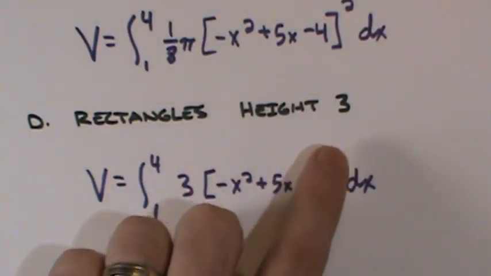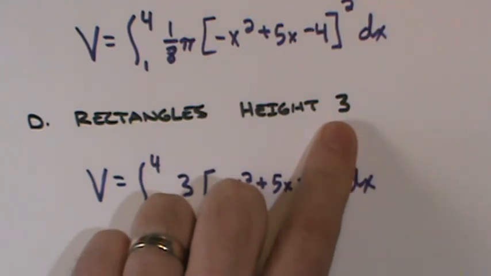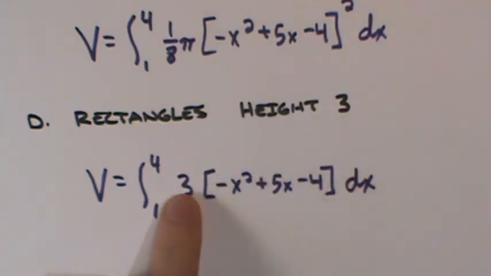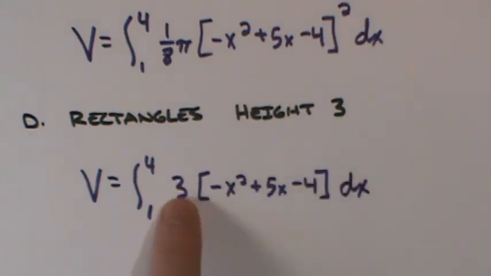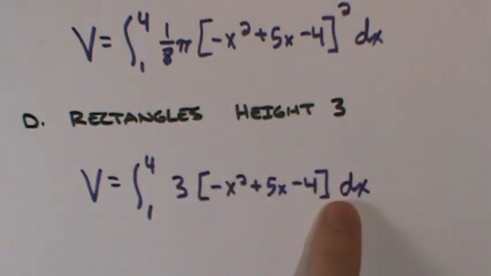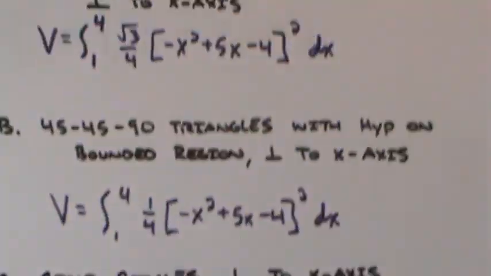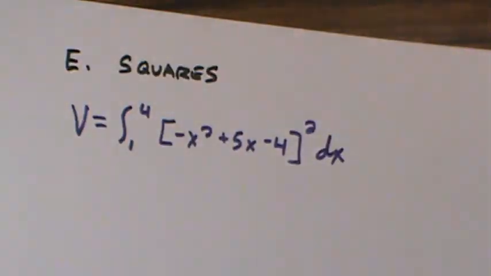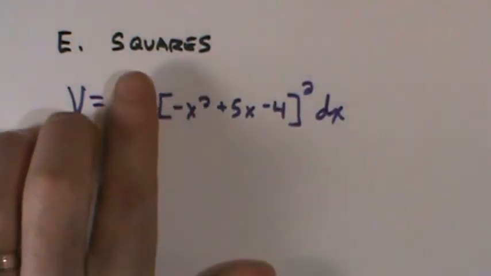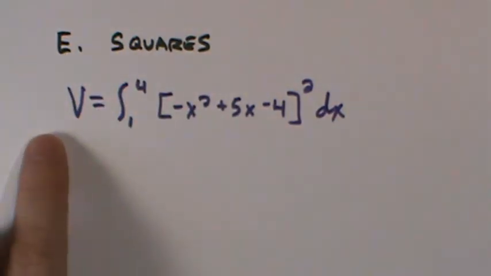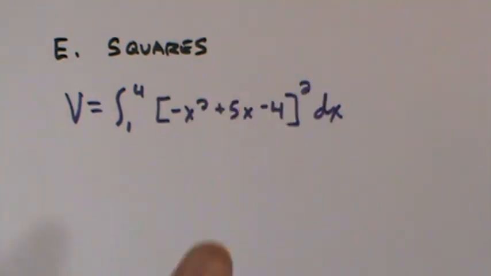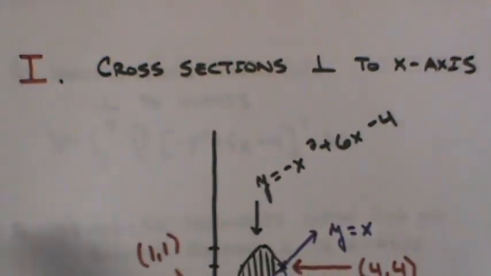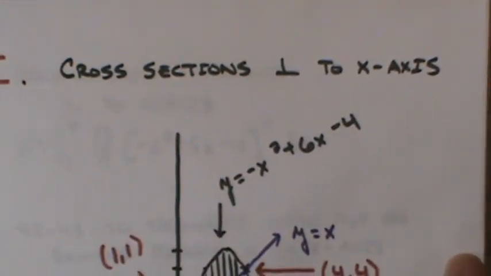Rectangles of height 3 or height 5 or height 7 or whatever, that height would just be that number times the base. No square on that, because that is a dimension. 1, 2, 3 dimensions. And then we did our squares. Squares was just going to be that base squared. There's 2 dimensions. dx was your third. So there's your cross sections perpendicular to the x-axis.